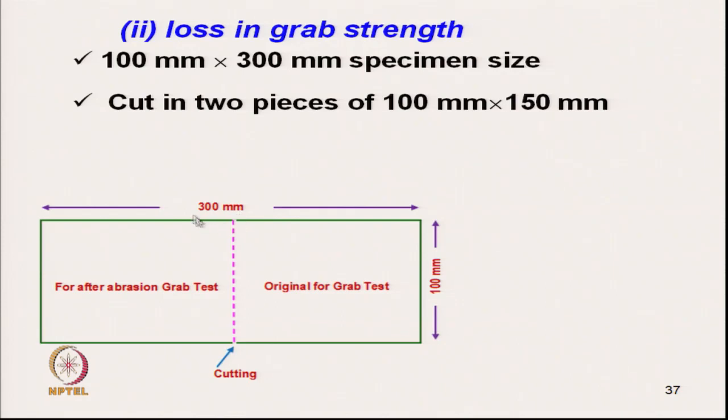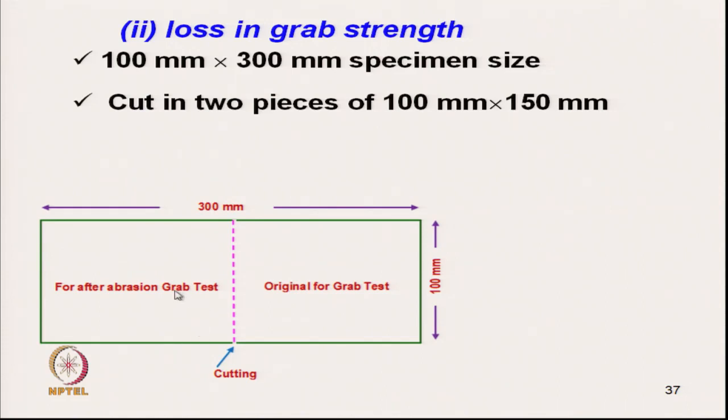Now, we keep one specimen as the standard specimen. This is the standard specimen, we keep it separately as a reference. The other is for abrasion testing. This specimen is kept as a reference for the original grab test, and this specimen we use for rubbing.